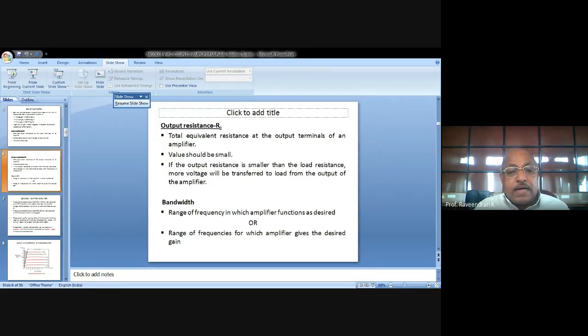When the collector current increases, the output voltage VCE also changes. When the collector current increases, ICRC will be increased. So ICRC increased means VO is equal to VC is equal to VCC minus ICRC will be decreased. So when the current increases from 0 to maximum value, the output voltage decreases from maximum value to 0, then goes to a negative value.